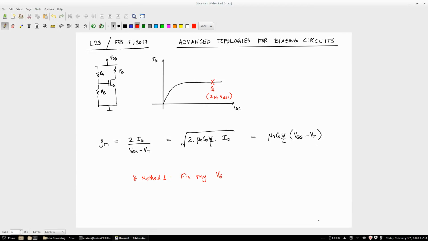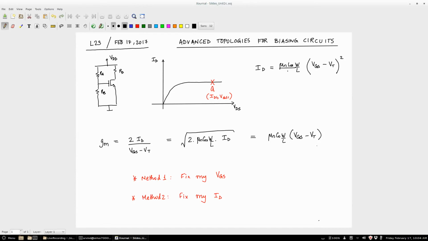One is, for example, I can fix my VGS, or I can fix my current, correct? So method 1 is to fix my VGS. Method 2 is fix my ID.